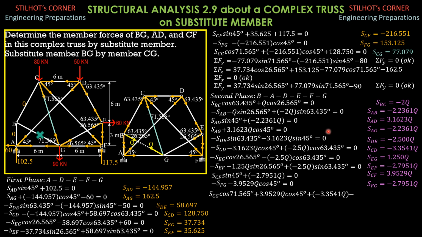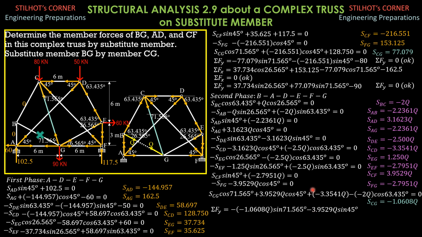Plus SFG, which is negative 2.7951Q, then minus SBG, so minus Q cosine 26.565 degrees, then minus SAG, and SAG is negative of 2.361Q, minus SCG, minus negative 1.0608Q cosine of 71.565 degrees.